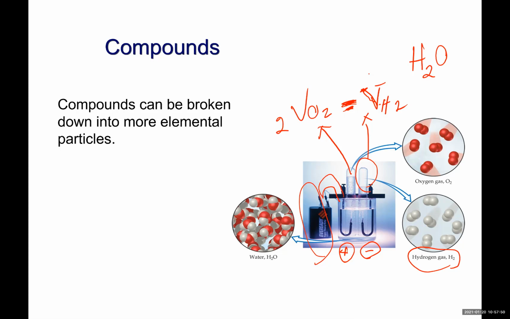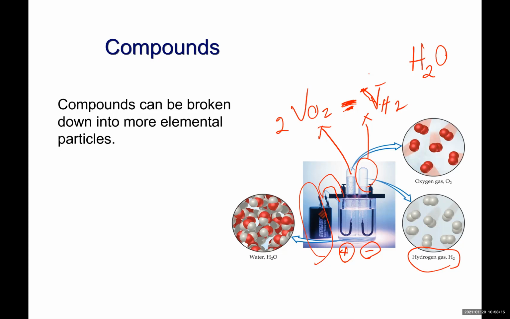Does it make sense? If I want to break down water to hydrogen and oxygen, I must use energy because I'm reversing the process of formation of water, which is energy releasing. If I'm reversing an energy releasing reaction, the reaction is going to be energy absorbing.